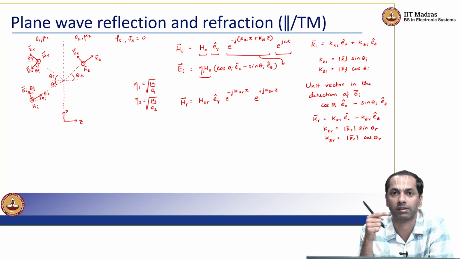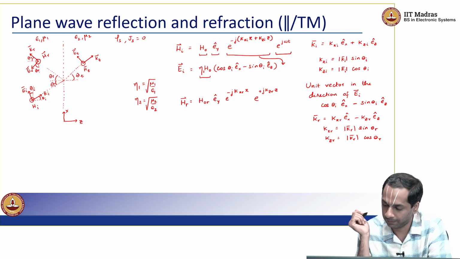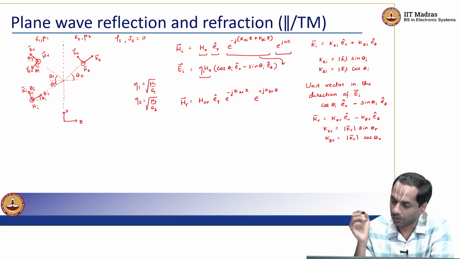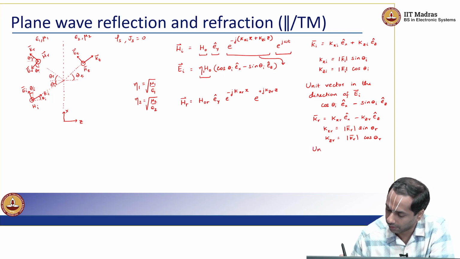This is to indicate that the wave is traveling in the minus z direction, in the positive x and minus z, right. Okay. Now, unit vector in the direction of E_R.